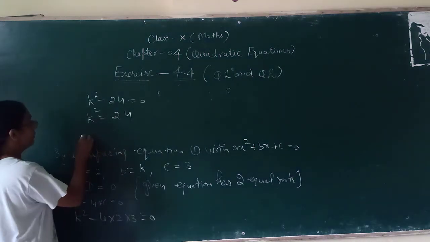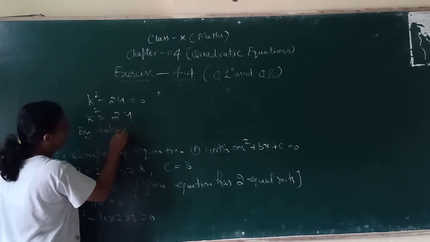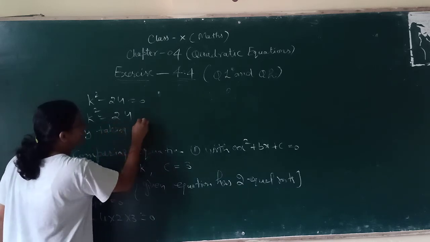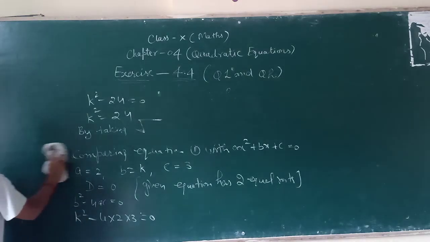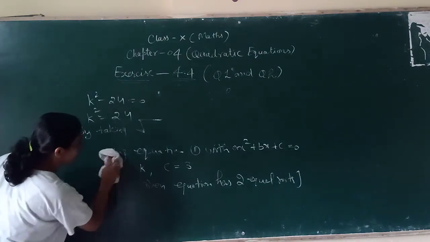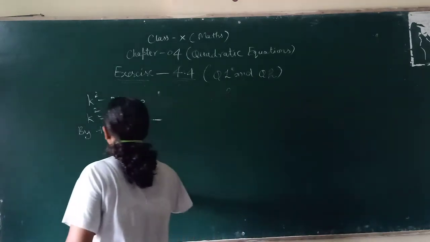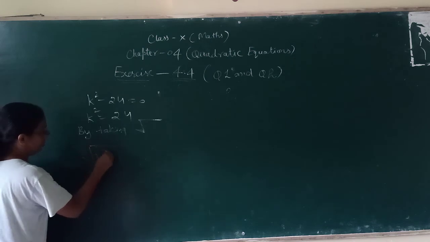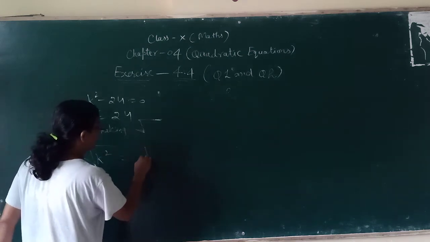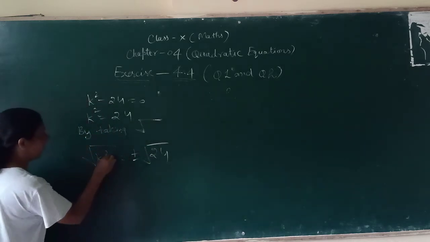Now here, by taking the square root, root we have to take out. Then what will you get? You will get k is equal to plus minus root 24.